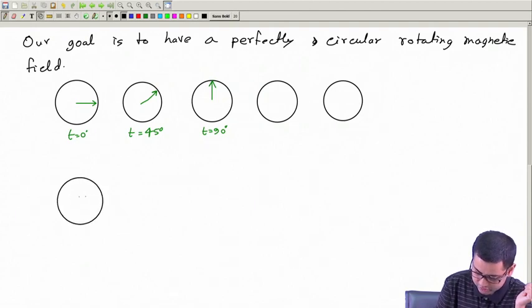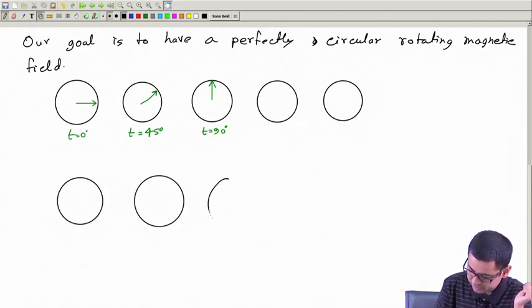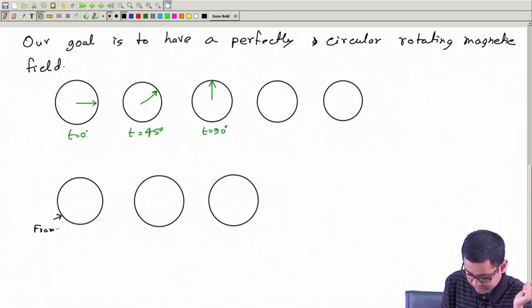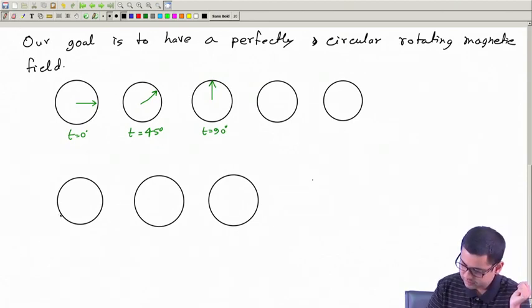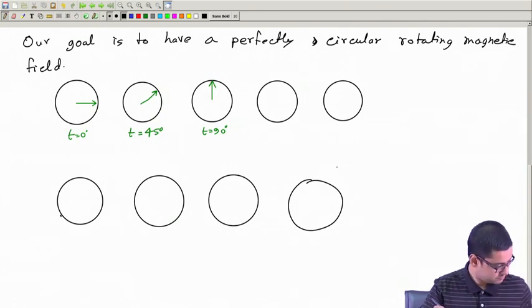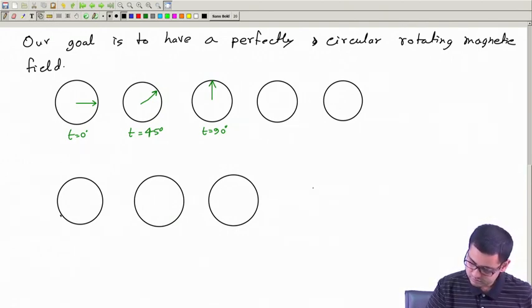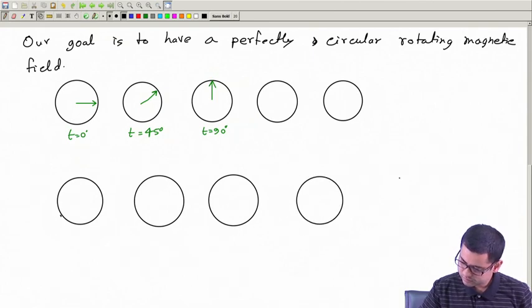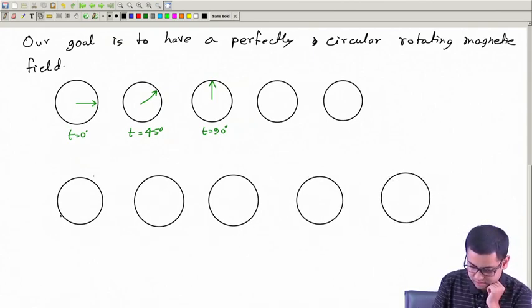So, let me draw the phase shifter again. So, this is the body of the phase shifter. Okay. So, this is the frame of the phase shifter. We may find that say at t equal to 0, the flux is like this.